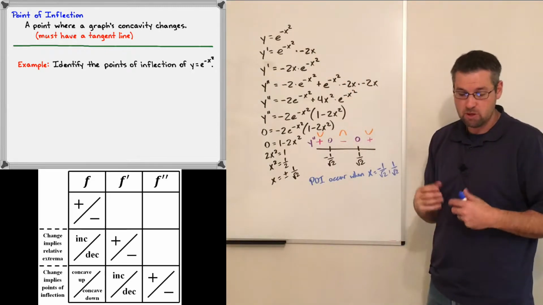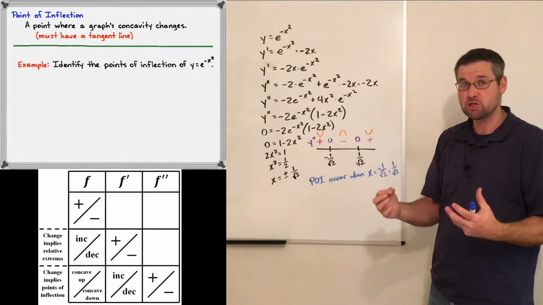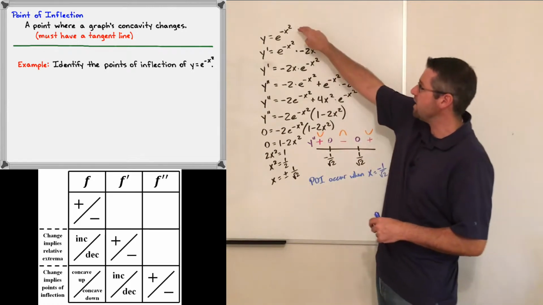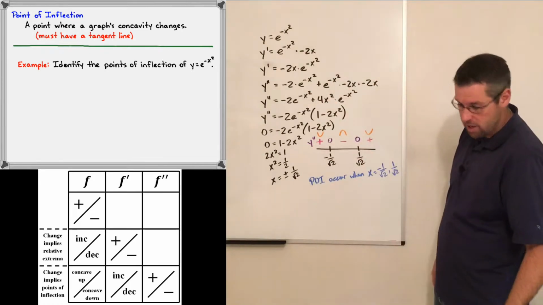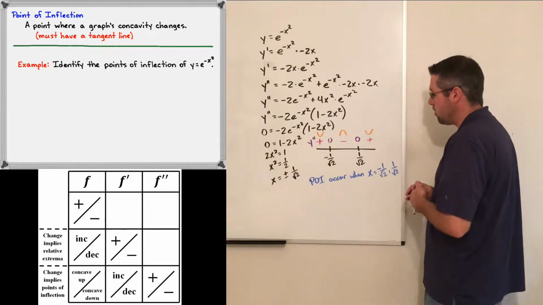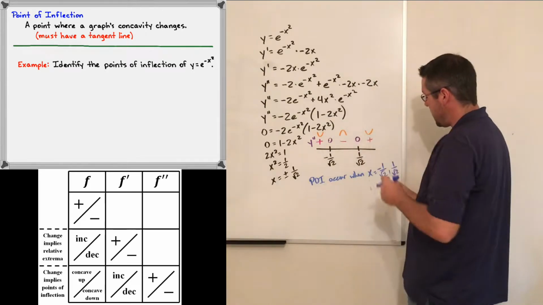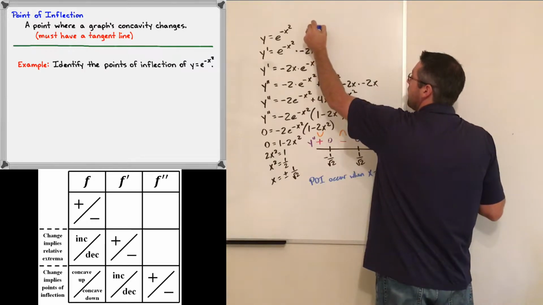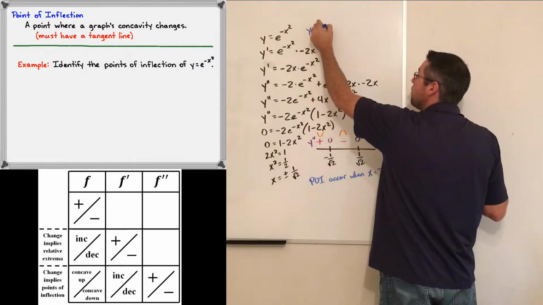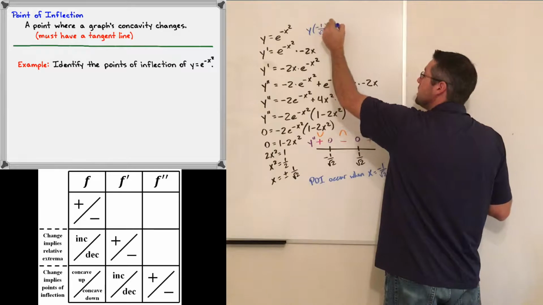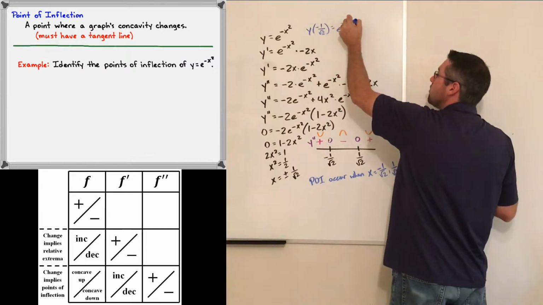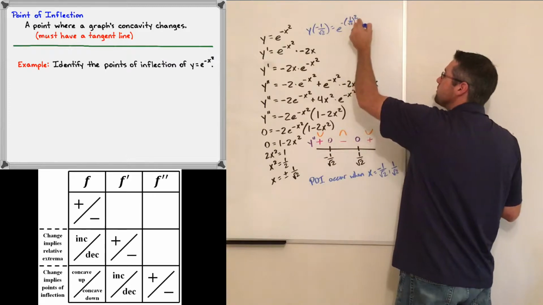Well, in this case, I'm looking for the points of inflection. So I'm looking for the actual coordinates. So I'm going to take these values and plug them back in to y, way up at the top there. And so when I plug in -1 over rad 2, we would say y for -1 over rad 2 is going to be e to the -1 over rad 2 squared.